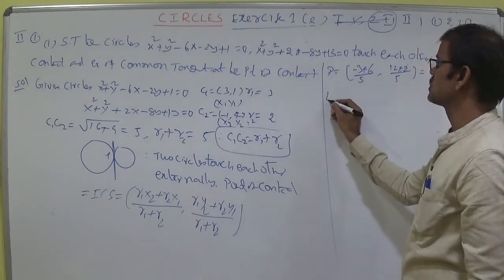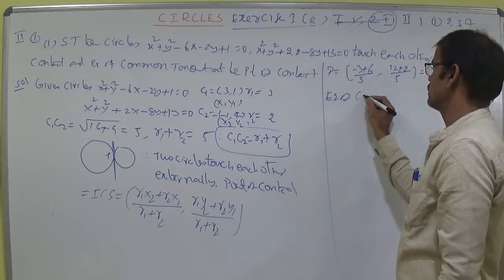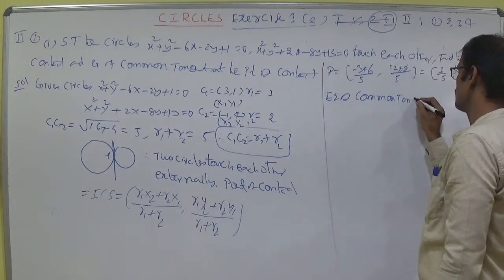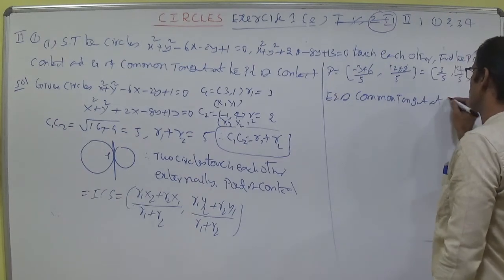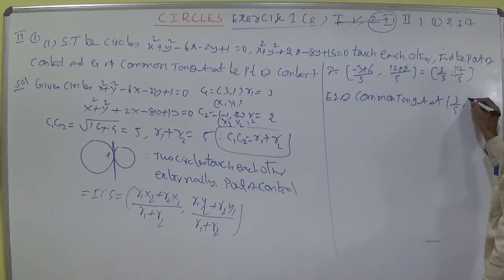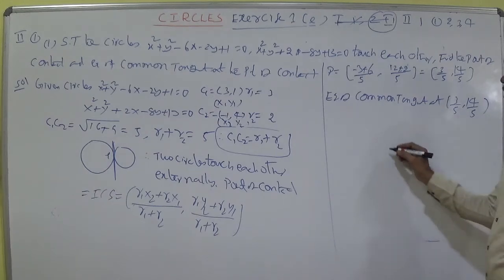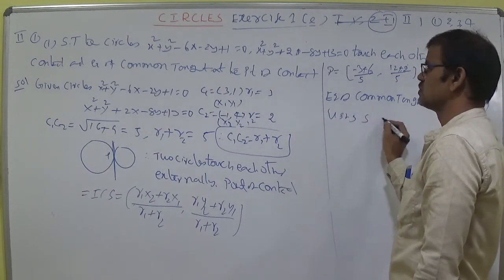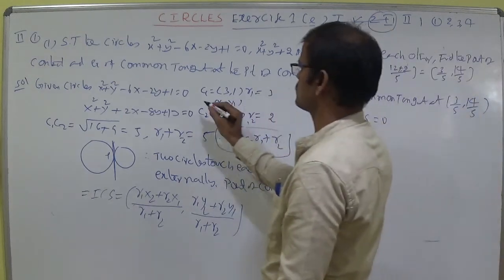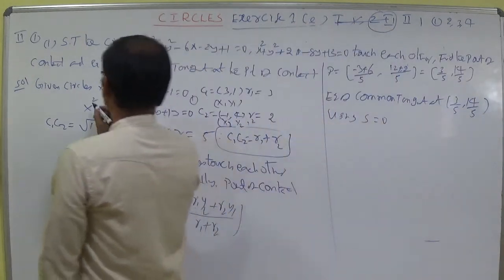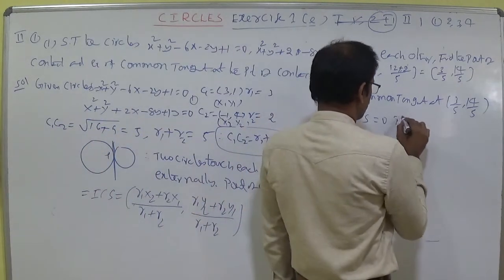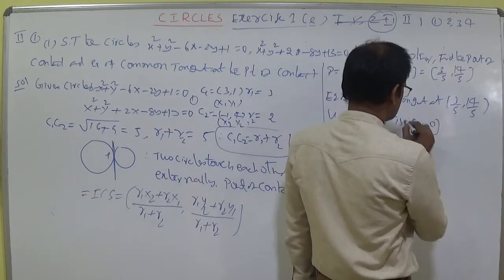Now equation of the common tangent I am writing at (3 by 5, 14 by 5). Using the first circle, S equal to 0, the formula is S1 equal to 0.